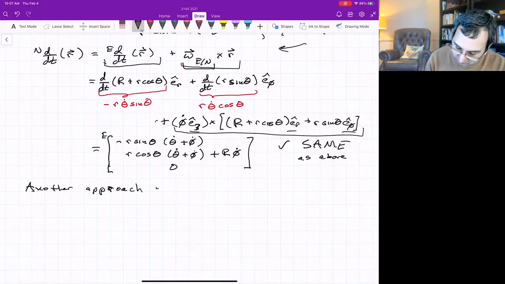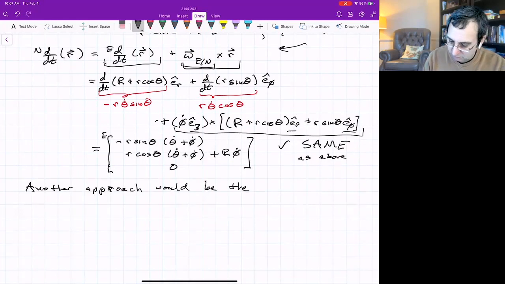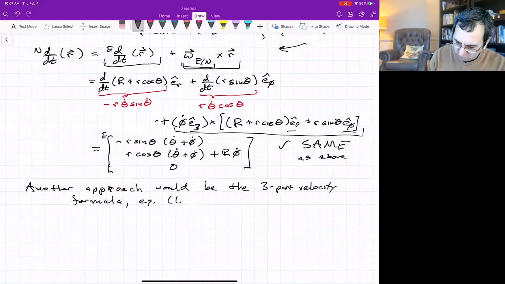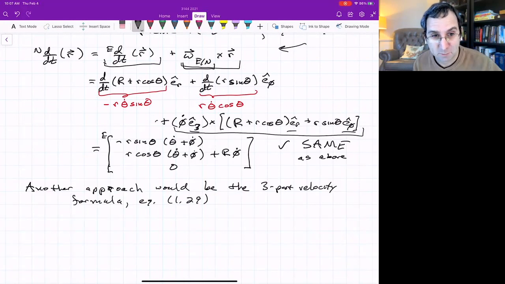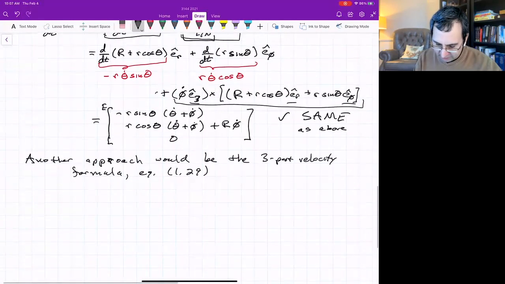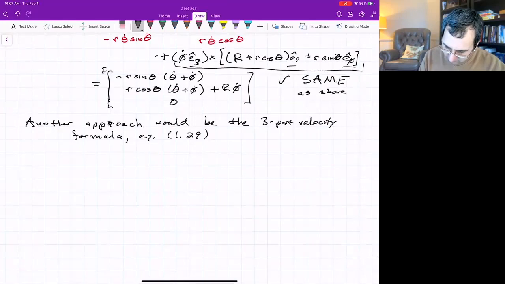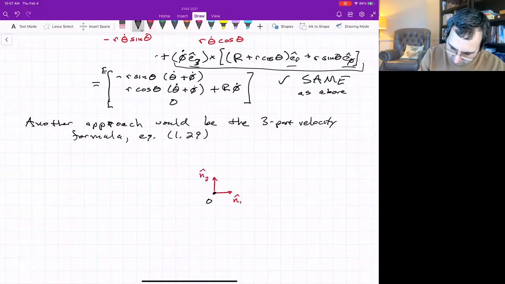All right. So another approach would be the 3-part velocity formula, which is equation 1.29 of at least the 4th edition of the book. In that case, let's draw the picture. We've got the origin. I'm just basically redrawing, but only including the key things.